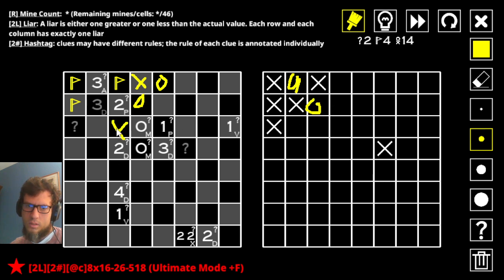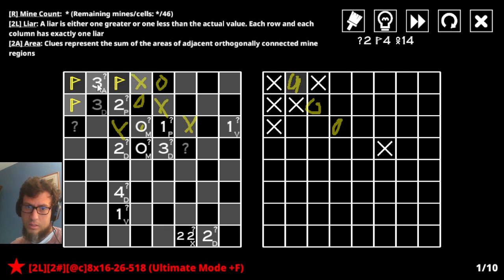And if this is lying, this is... well, now it's also lying because it has a mine and one of those is gone, so that's lying too now. And that means this 1 product is honest, which means this happens, but then this 0 modulo is a liar. So it would have to be a 1, but it has 2, which is not allowed. And so, yeah. You're honest, and that means that's safe.